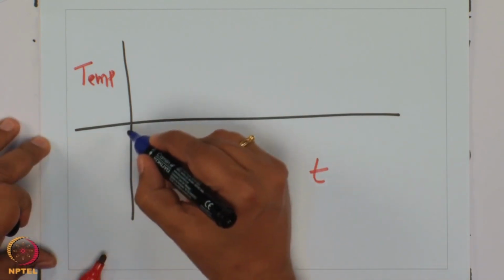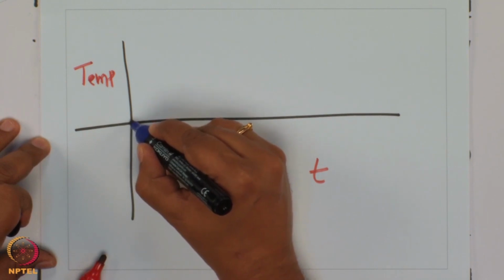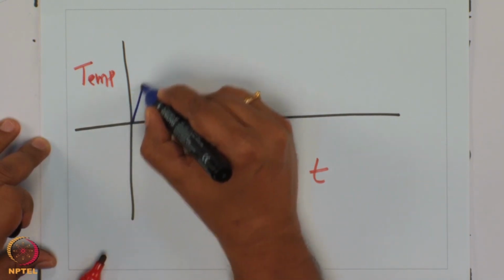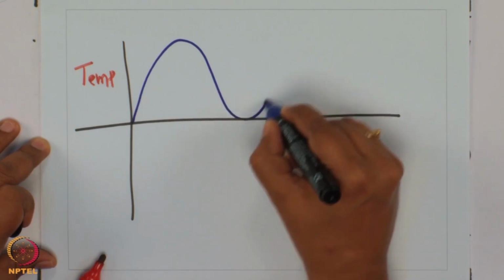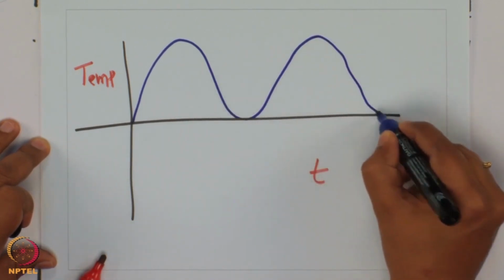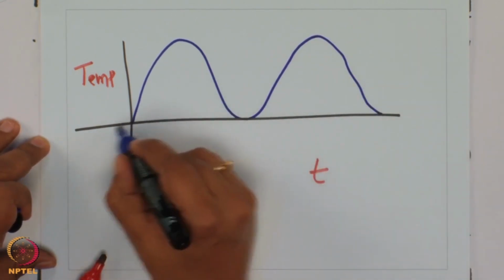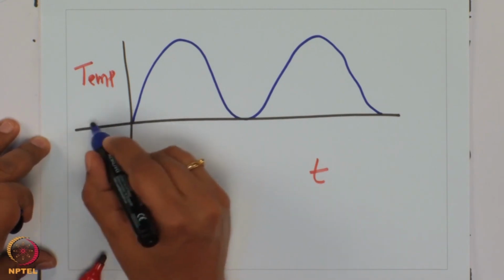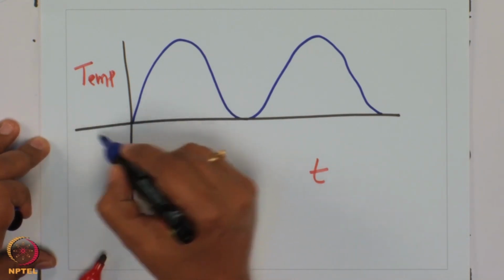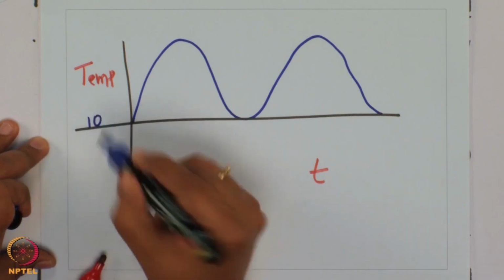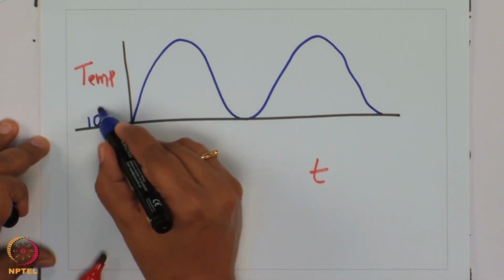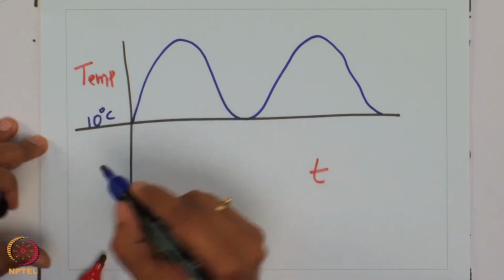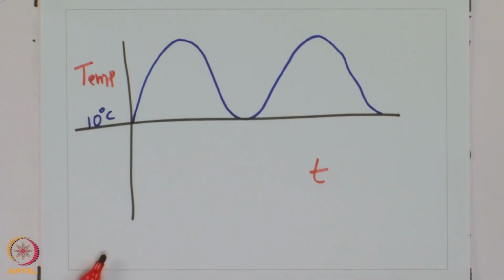So you will see that temperature increases, then decreases, increases, decreases as the years go by. This is not zero, this is some finite value. In India, this would be like 10 degrees Celsius, or depending on the place, some small number depending on the place you live.